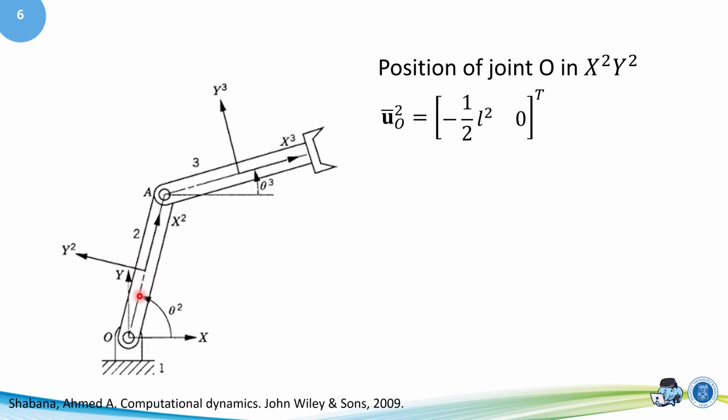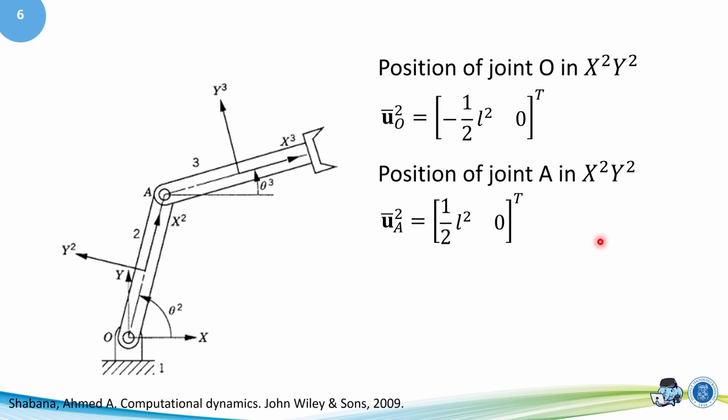Because you can see here the orientation of x2 and the orientation of y2, so the position of O is the negative of 1 over 2 L2, and in y2 there is no distance, so y2 is 0. So the position of the joint O in x2, y2 is minus L2 over 2, 0.